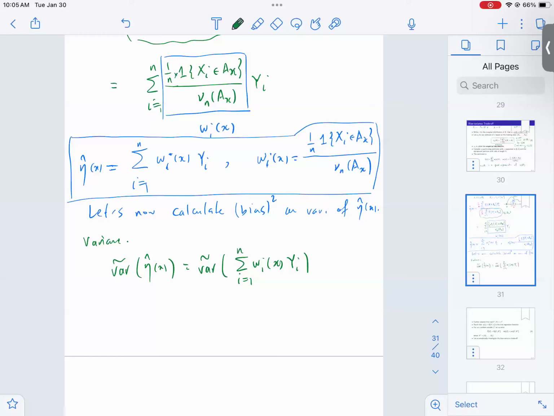If they're independent, are they independent? So what we're working with is the y_i's conditional on x_1 up to x_n, y_1 to y_n conditional on that. So given all the x's, are the y's independent?